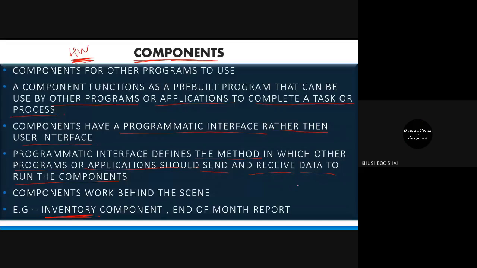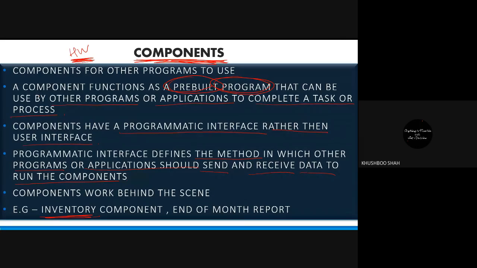A simple example, the latest one: in Gmail, the meeting option was not there earlier, it started appearing on the side after the pandemic, right? So that meeting option is a new component which was not there, but after the requirement, after the need, they created it, or we normally call it a pre-built program, right?